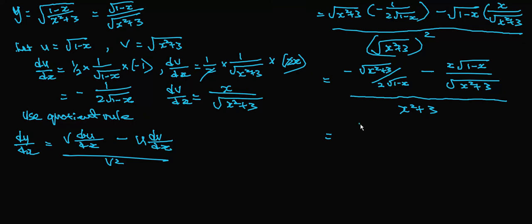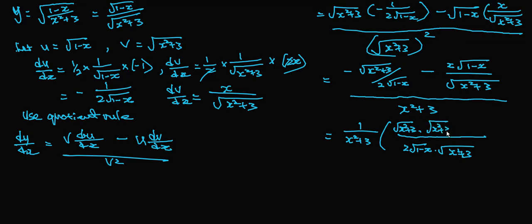Okay, so let's park this one here first. The denominator is this times this, so 2 square root of 1 minus x times square root of x squared plus 3. So this times this to get a common denominator. There's a negative here, remember.